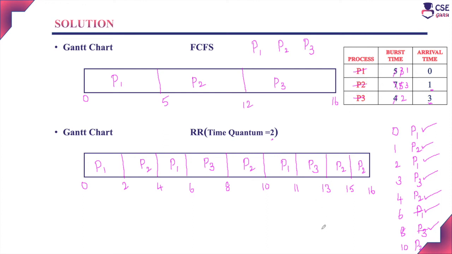So considering the process completion order, first process P1 has completed its execution, the next process P3 has completed its execution, and at last process P2 has completed its execution. So in FCFS, the order of completion is P1, P2, P3, and in round robin it is P1, P3, P2.